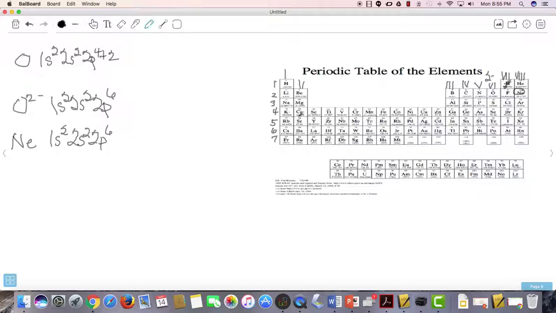If you take a look at calcium, which noble gas will calcium look like once it forms an ion? Remember, calcium forms a +2 ion, so that means it loses 2 electrons. Which noble gas will calcium look like? It will look like argon. It will assume the configuration of argon because it loses 2 electrons.